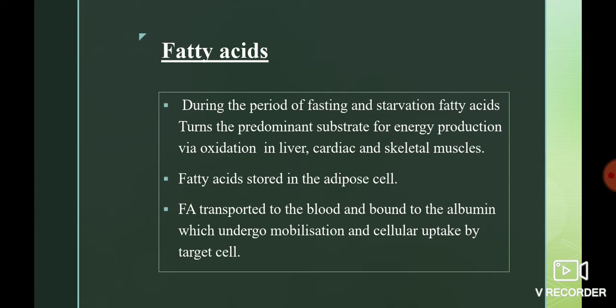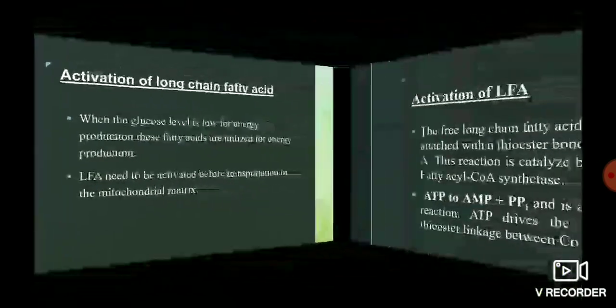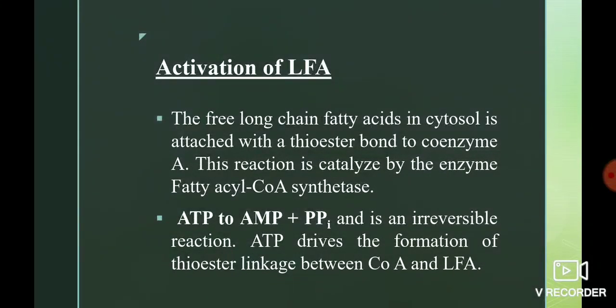So before its transportation into the mitochondria, fatty acid needs to be activated. So how will it activate? Fatty acid will bind to the coenzyme A, which is already present in the cytosol of cytoplasm, and this process needs ATP in the form of AMP, adenosine monophosphate, which drives a thioester linkage between coenzyme A and fatty acid.